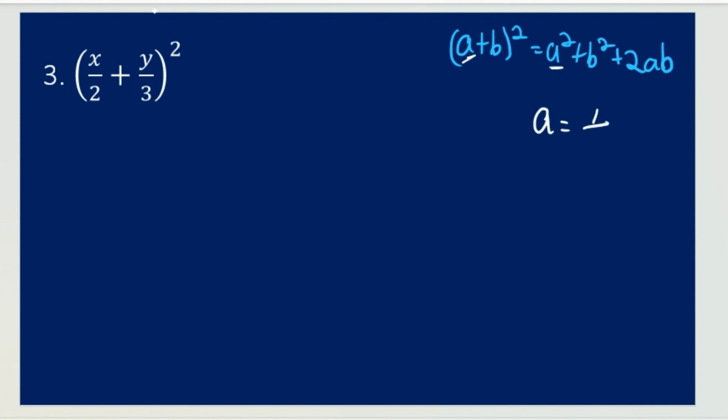So a is x over 2. Now b, so here b and then here b. So b is going to be y over 3. B is y over 3. Okay, so now we know what a and b equal. Okay, now let's solve.